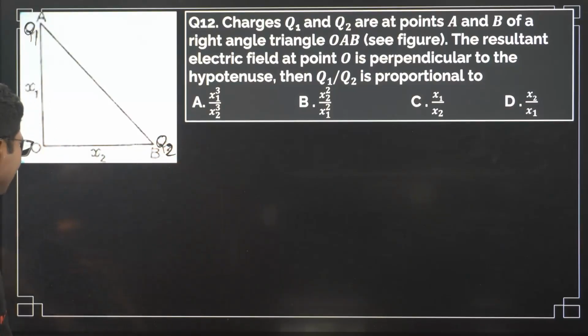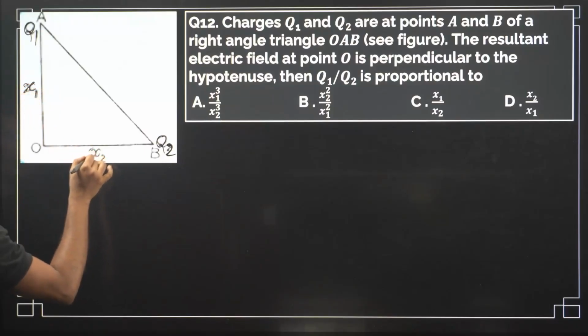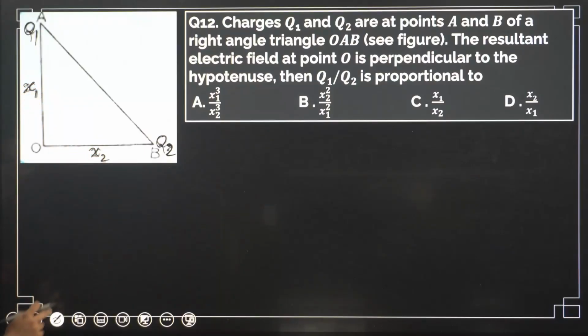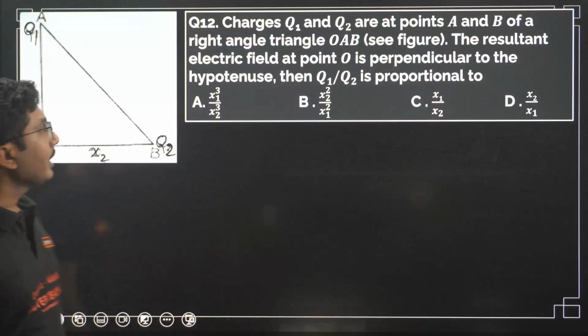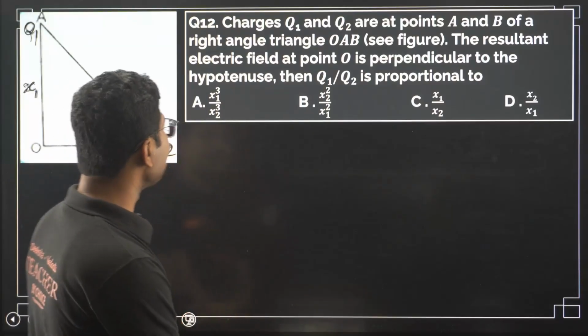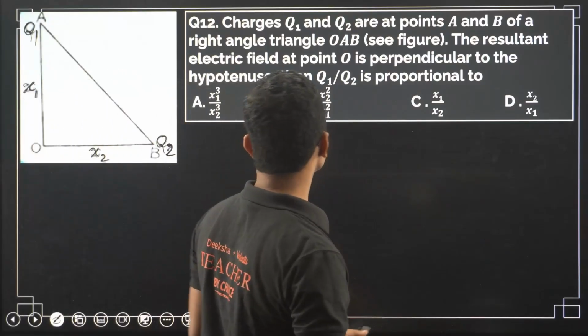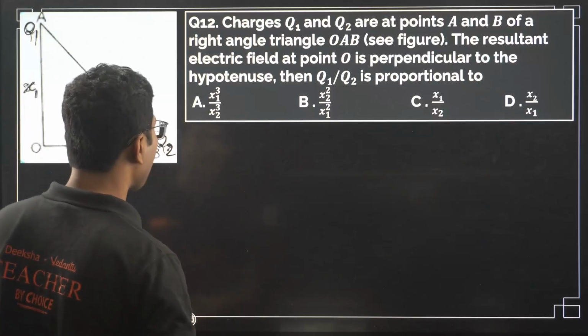Image quality is slightly bad. So this is X1, this is X2. The resultant electric field at point O is perpendicular to the hypotenuse. Then Q1 by Q2 is.